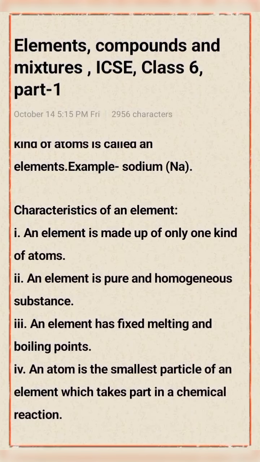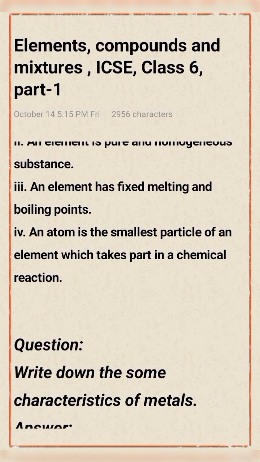Point number 2: an element is a pure and homogeneous substance. Point number 3: an element has a fixed melting and boiling point. Point number 4: an atom is the smallest particle of an element which takes part in a chemical reaction.